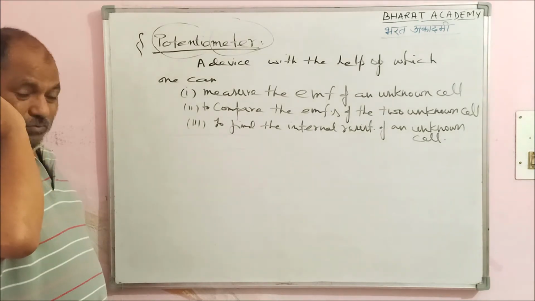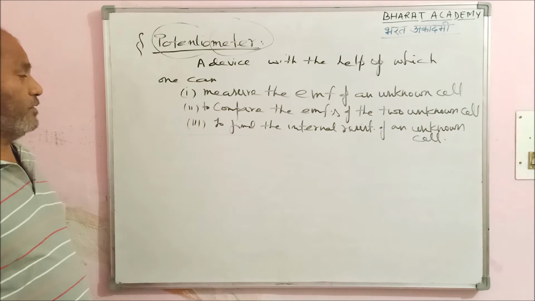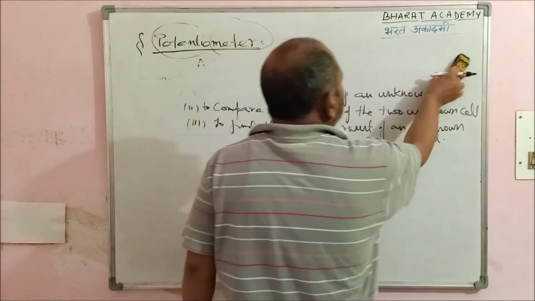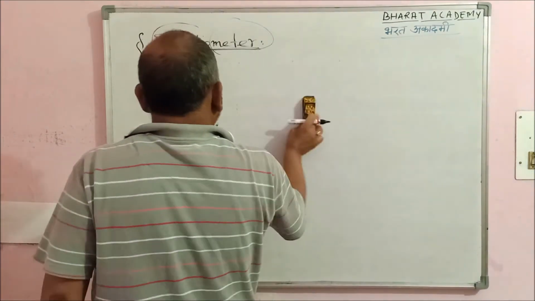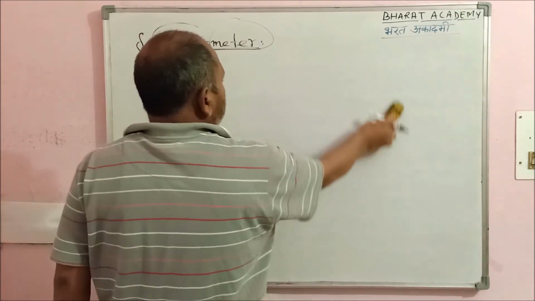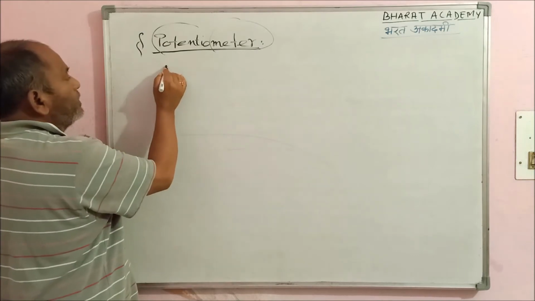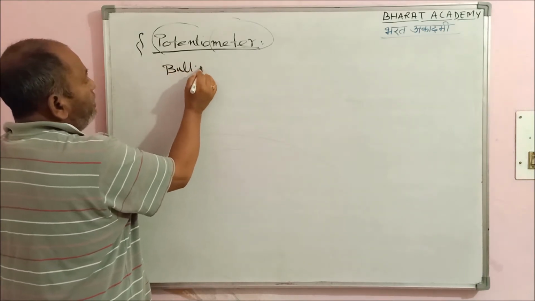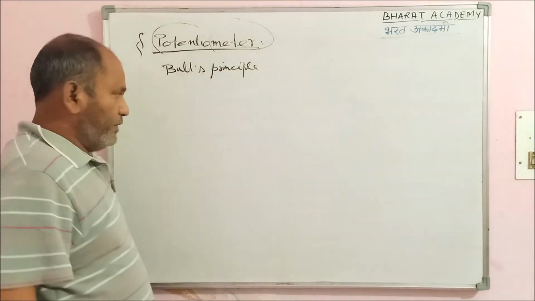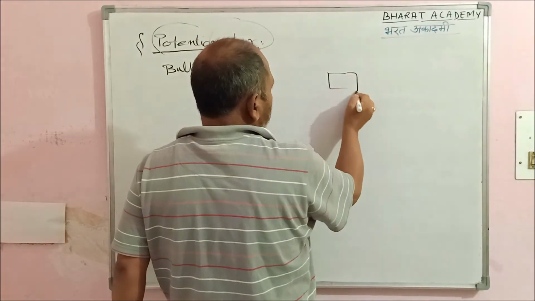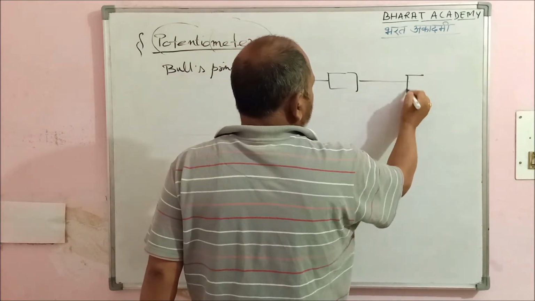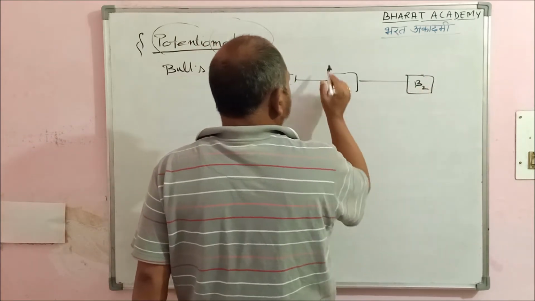Now the question arises, what is it, how does it function, and what is the principle behind it? So far as basic principle is concerned, it was based on, we used to say, Bull's principle, though it is not a scientific one. In tug of war, suppose I am having a ball on this side B1 and one here as B2.